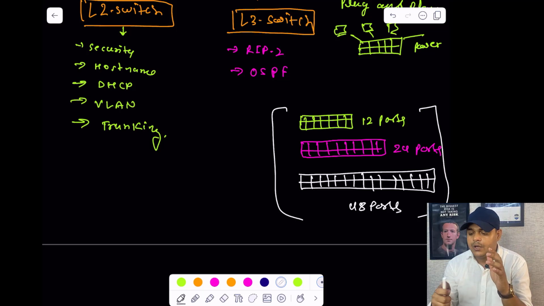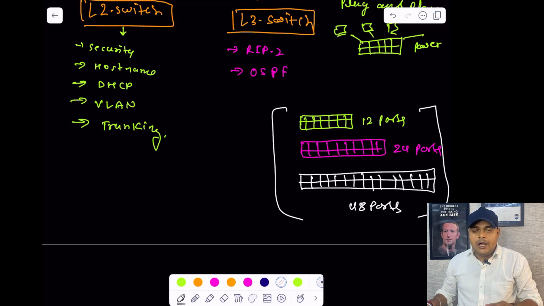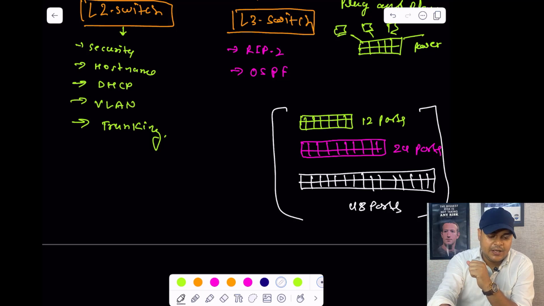So I am going to give you whole information about your manageable switch. I have one switch with the model number 3560, and you can consider it a type of L3 switch, meaning a switch that can work at layer 3.